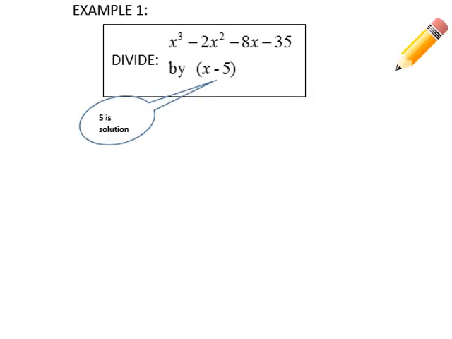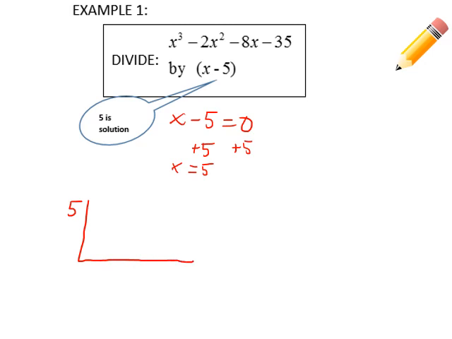Now the first step of synthetic division would be to set the divisor equal to 0 and find its solution. So the solution is x equals 5. That's going to help me set up my synthetic division. To do so, we use this long L shape.